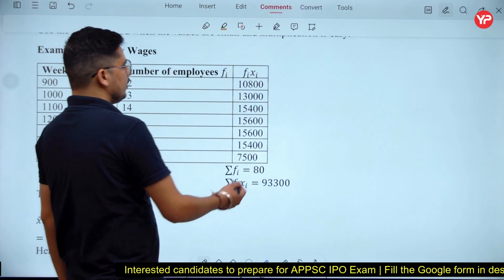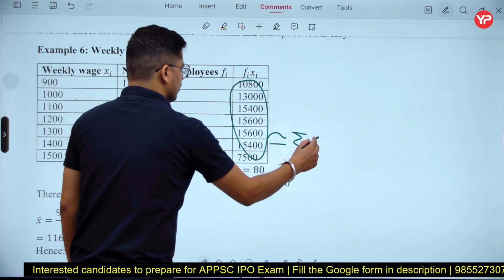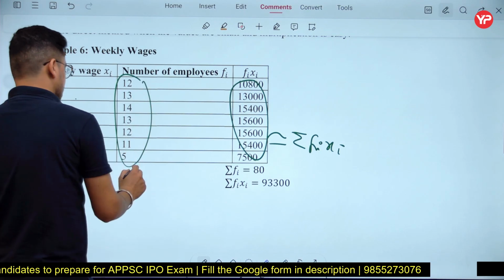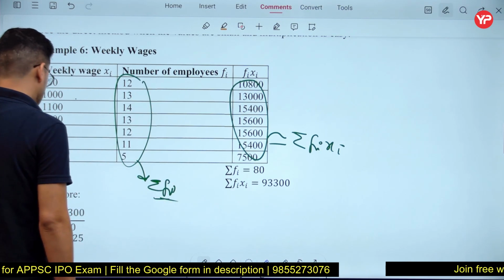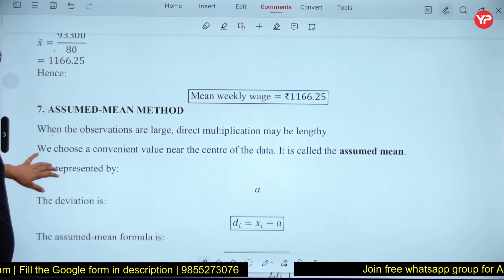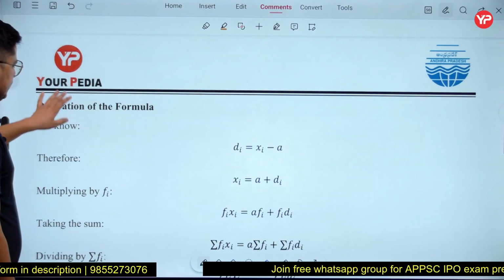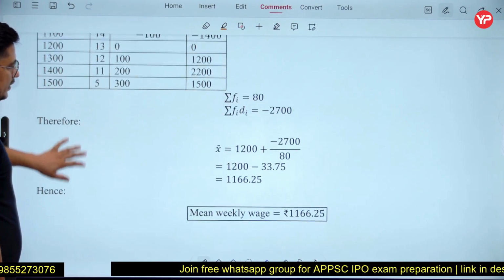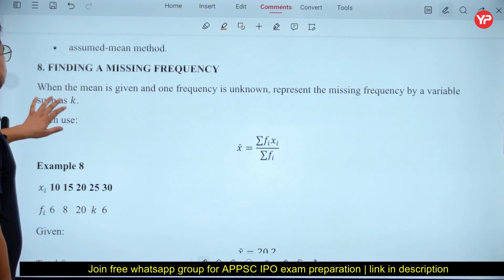Now for the mean, add all these values together, it will give you summation of fi xi, and add all these values together, it will give you summation of fi, and divide them, you will get the mean, right? Okay, this is the assumed method. I don't think you need to go with that one. You can go with only one method, that is easy, which I already discussed with you.